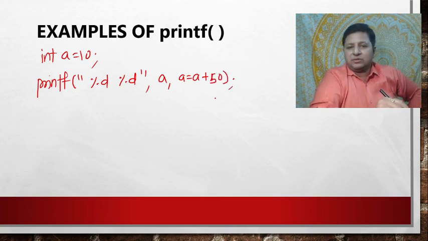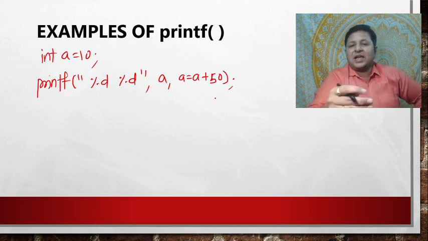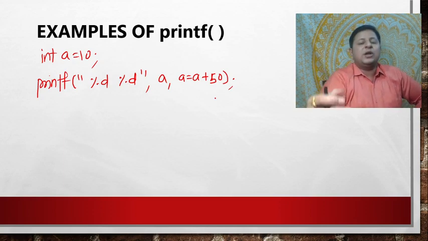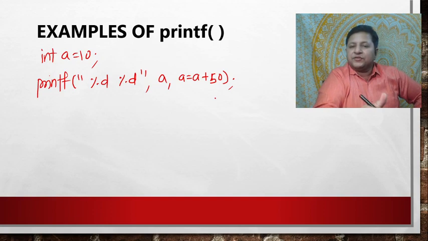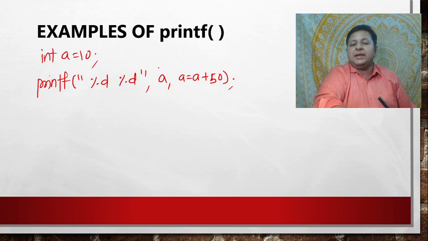Now what will be the output? If I would have been teaching in person, I would have expected you to immediately answer. The first answer that people generally give would be 10 for the first %d, and for the second one 10 plus 50, that is 60. That's the general output given, which is wrong. The output here would be 60 as well as 60.